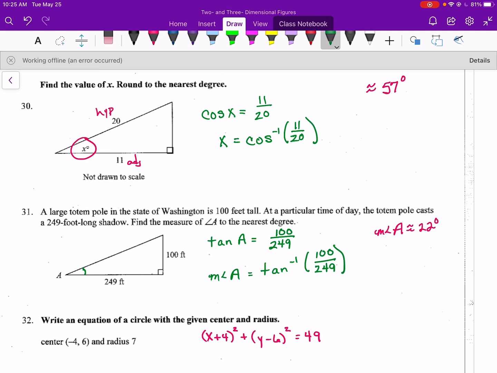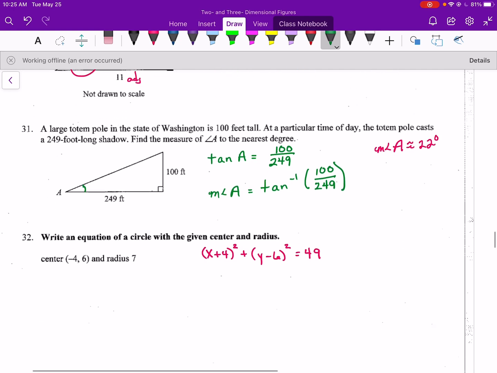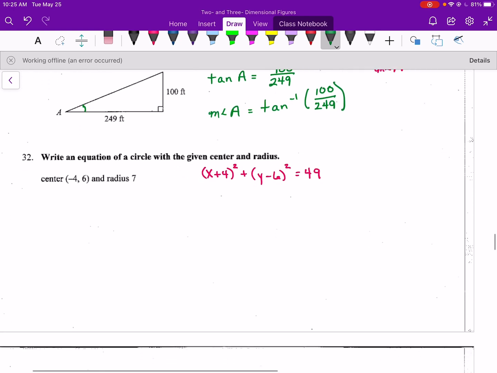As we move away from trig, we start reviewing circles. The equation of a circle, just for a little recall, is x minus the x coordinate of the center squared plus y minus the y coordinate of your center squared equals radius squared.